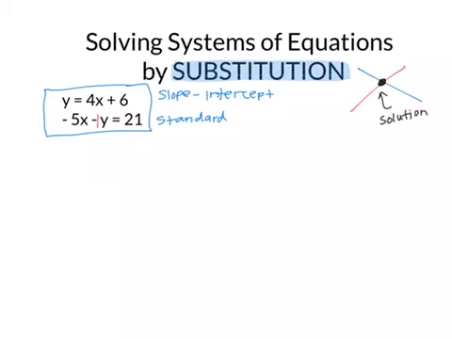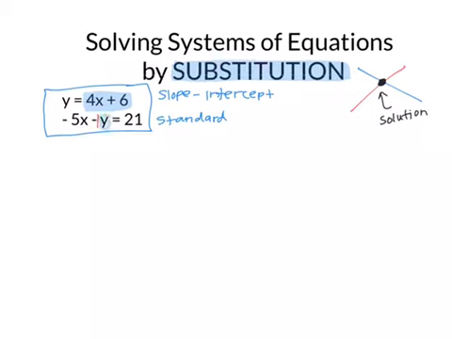And today we're finding the solution by using substitution. So, we know that y equals 4x plus 6. Up here I have highlighted y equals 4x plus 6 because now I can substitute 4x plus 6 into the other equation for y.